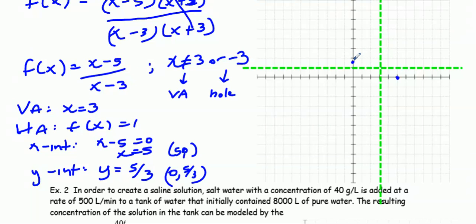So now I can just draw as best I can with this tool that I use. The branches are approaching the asymptote. I'm going to stop and not put the equation on yet because I want to explain something first.